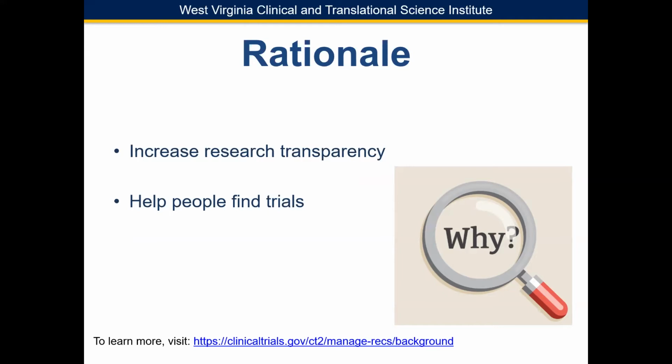So one of the reasons that this originally came about was there were some companies that were acting in bad faith and researchers that were acting in bad faith and only reporting favorable results. As an example, there was one company that only reported the first 6 months of results of data because it made their product look good.